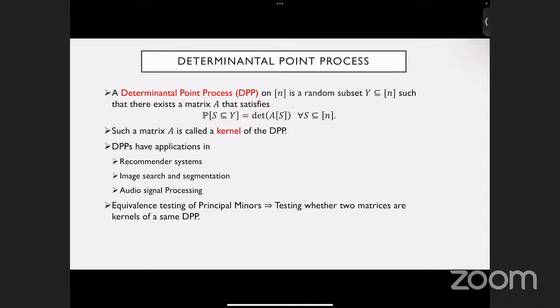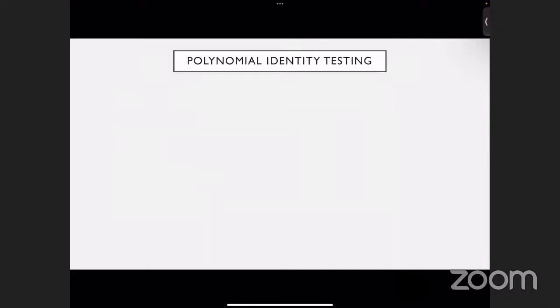So the next application is related to polynomial identity testing. In polynomial identity testing, the input is a polynomial from a class of polynomials, and the goal is to check whether it is 0 or not. Here the input can be given in two different settings.